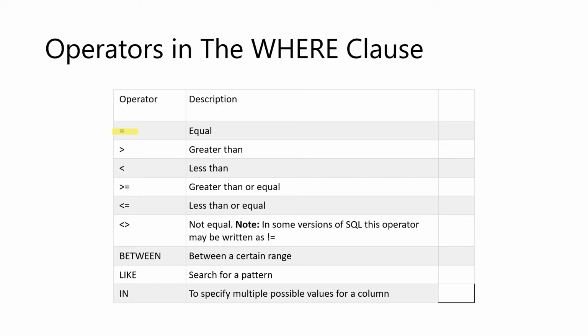These may include greater than, less than, greater than or equal to, less than or equal to. In this way you can use a not equal to comparison, and there are also the BETWEEN, LIKE, and IN operators. We will be looking into these in detail.